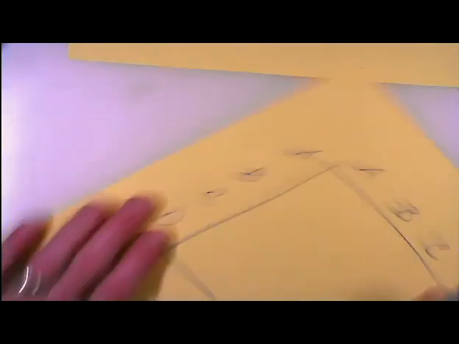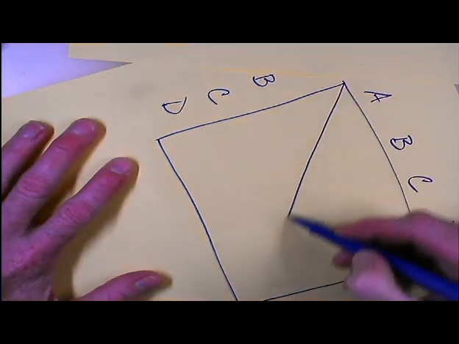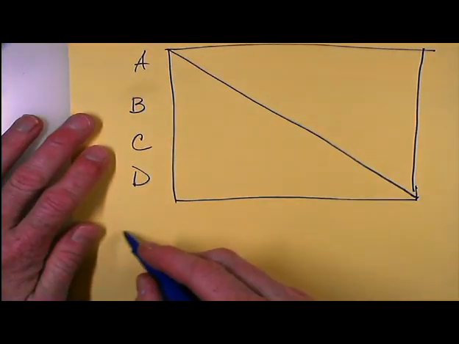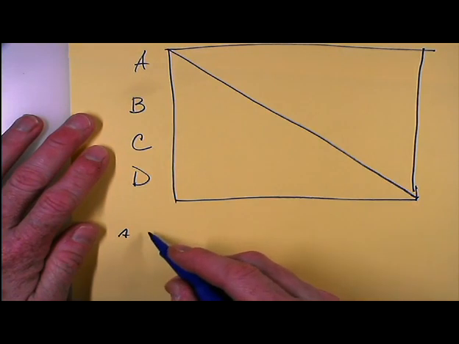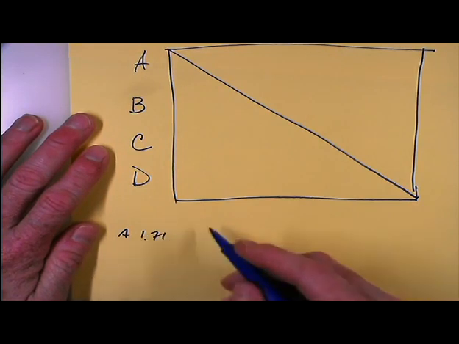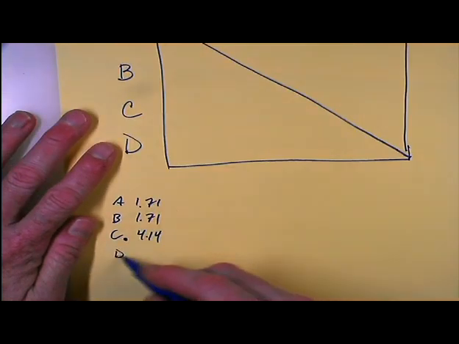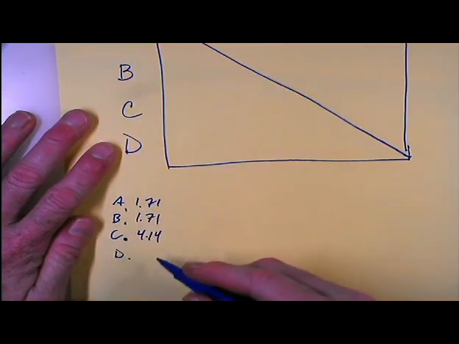That's going to be my difference between the 2 means. And so for ease, I sort of go back here, and I can make it easy. I can go A is 1.71, B is 1.71, C is 4.14, and D is 3.43.